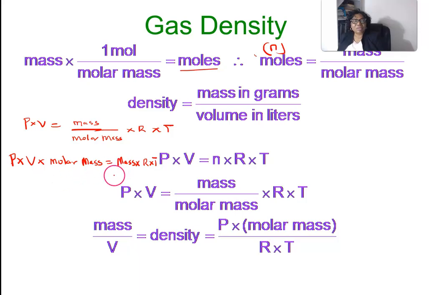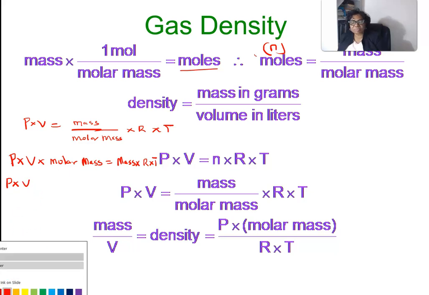So I want us to bring volume this way and take RT this way. So our P times V, volume has to go the other way.